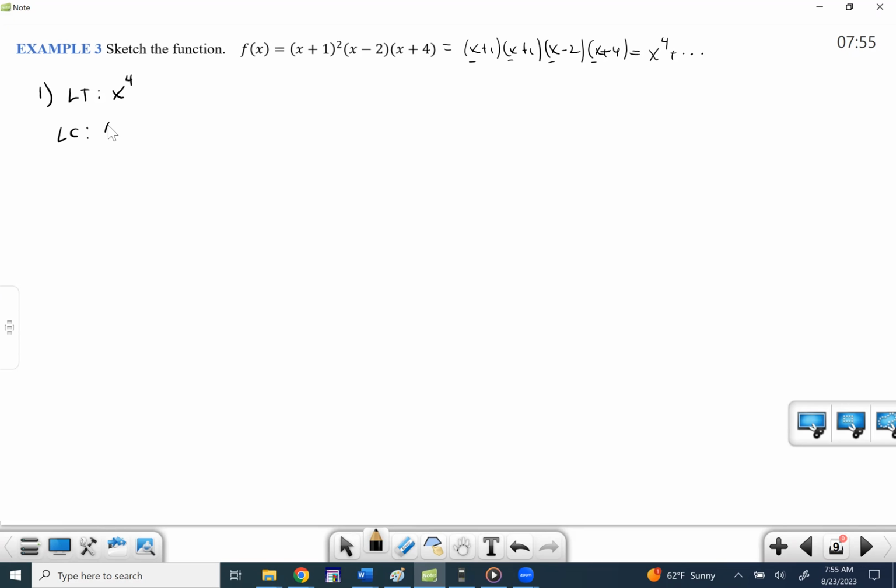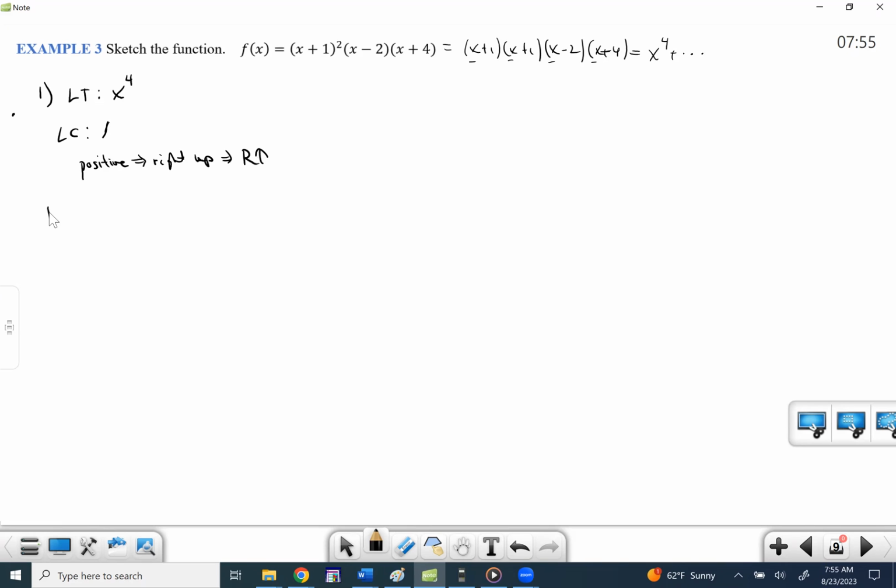Now remember that front number, that 1 that's in front, tells us what the right is doing. And since it's positive, that's going to imply that the right goes up. So right with an up arrow.